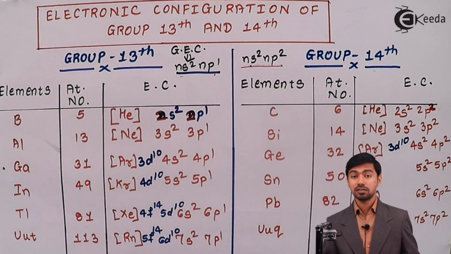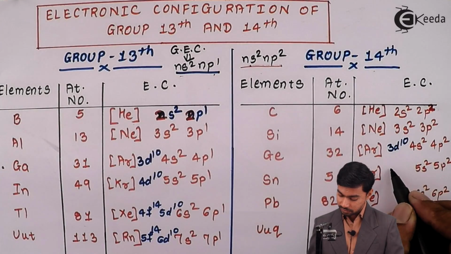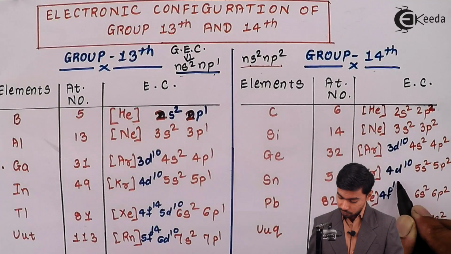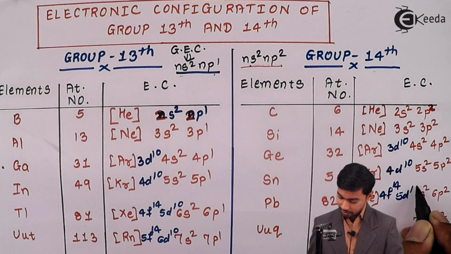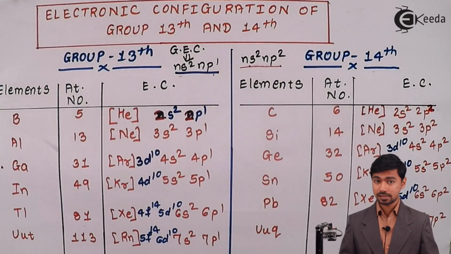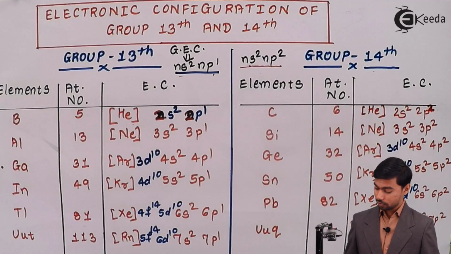And what were the modifications that we are going to put over here? This is 3d10, this is 4d10, this is 4f14 and 5d10, this is 5f14 and 6d10. Let us calculate once to know whether they are configured well or not.